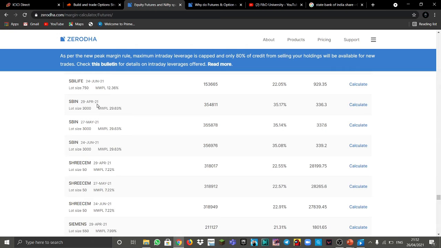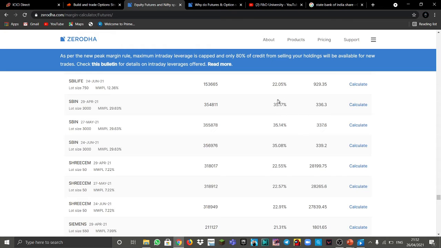So let's look at SBI as an example. What is the margin money that you would need to pay if you're looking to buy the April contract? The total value that you need to pay in percentage terms would be 35.17% of the total contract value.